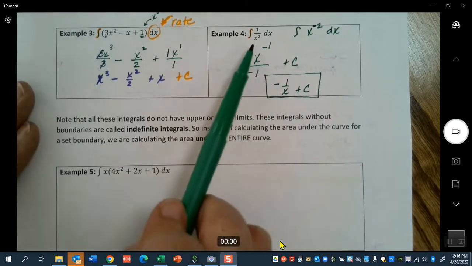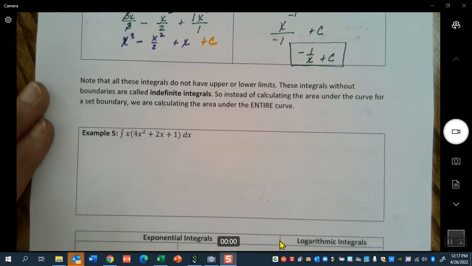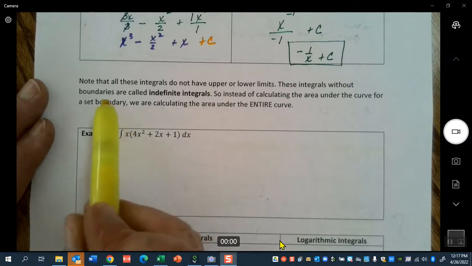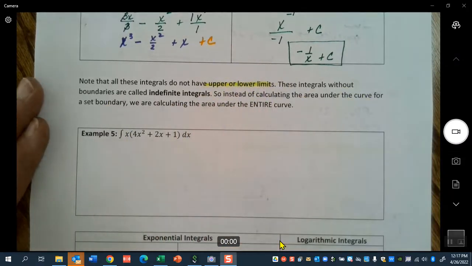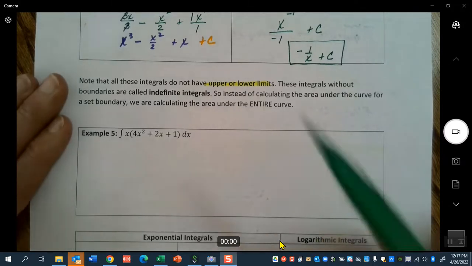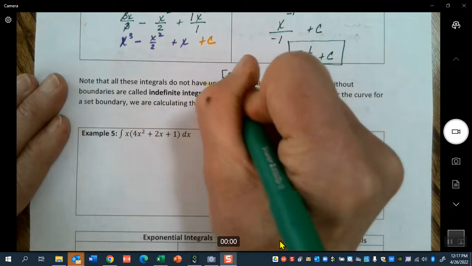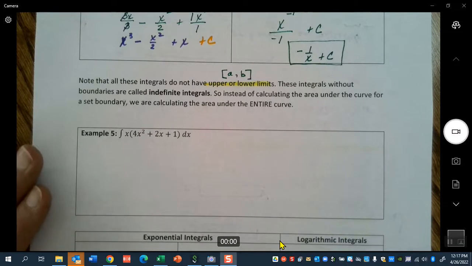All right, so kind of tying it all together, we want to make sure that we know that we did not include upper and lower limits. So the integrals that we've been working on so far, when we calculated all those areas, we had some kind of A to B boundary. We knew that we had some area that we wanted. Those are called definite integrals.